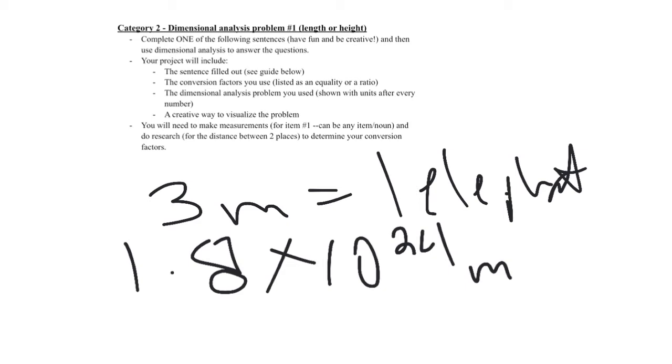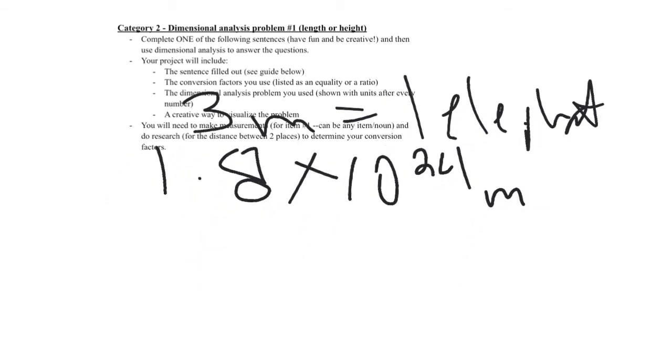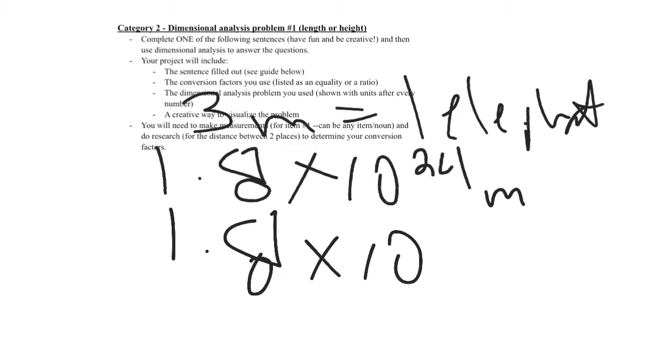Kilometers to meters is just a matter of moving the decimal. So like this one, for example, if we had just wanted to put our 1.8 times 10 to the 24 meters into kilometers, well, that would just be 1.8 times 10 to the 21. Kilometers would mean moving the decimal to the left 3 spots because we're dividing by 3. So 24 minus 3 is just 21, and that would give us kilometers.